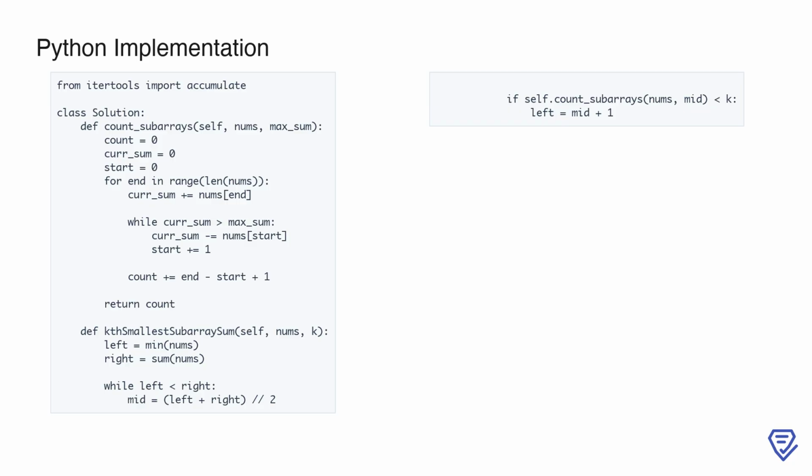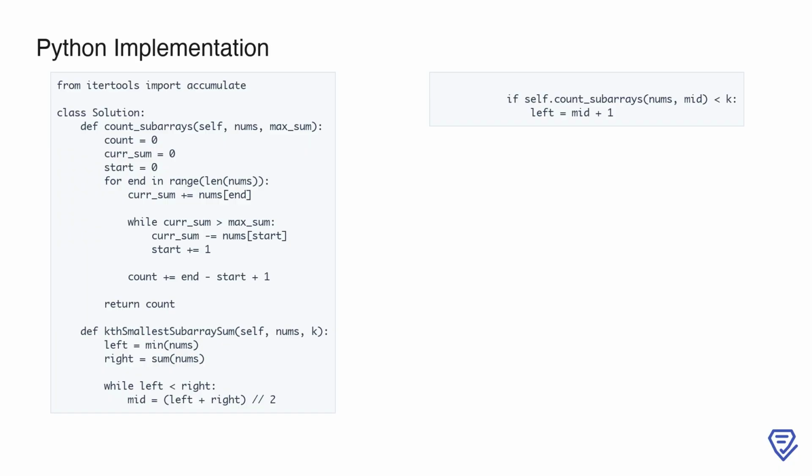To solve the problem of finding the kth smallest subarray sum, we first define a helper function called count_subarrays. This function calculates how many subarrays have a sum less than or equal to a given value, max_sum. Inside this function, we use a two-pointer approach. We maintain a running sum, cur_sum, and iterate through the array using the end pointer.